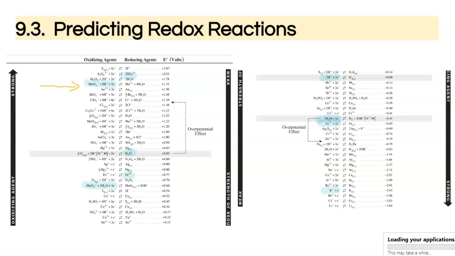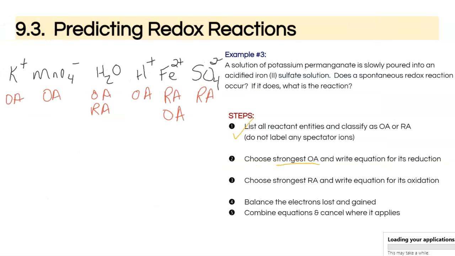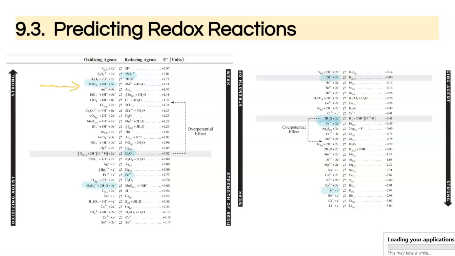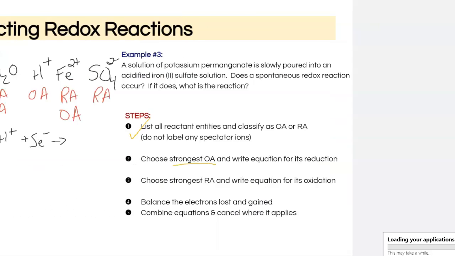And so I'm simply going to write out that half cell reaction below where I'm writing my answer to my question. MnO4- + 8H+ + 5 electrons is going to produce Mn2+ + 4H2O.